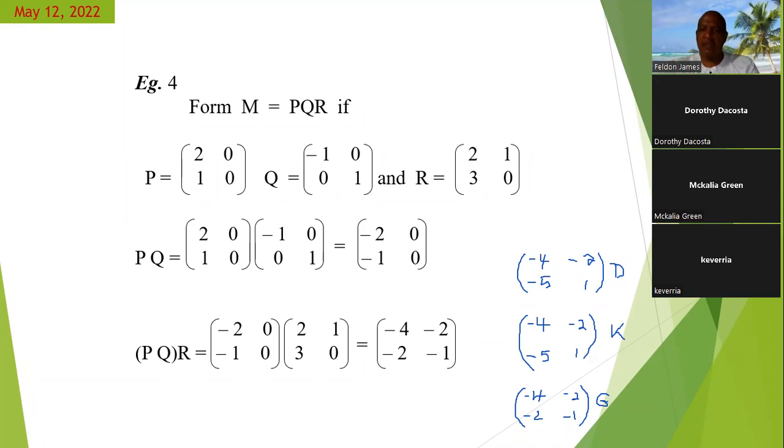All right, so let us see what Miss Dorothy and Miss Cabrera would have missed out on. Are you able to spot your error, Miss Dorothy or Miss Cabrera? I'm rechecking it, sir. Miss Cabrera, are you able to spot your error? Because it seems that it is just a sign.